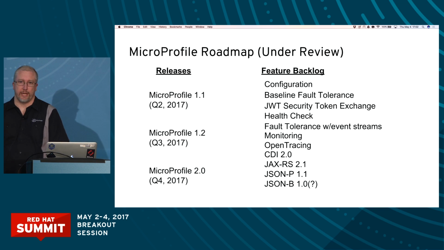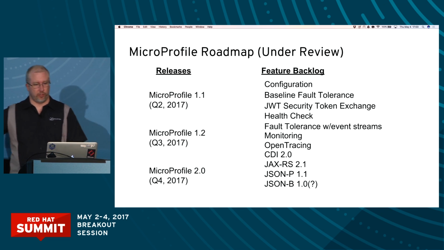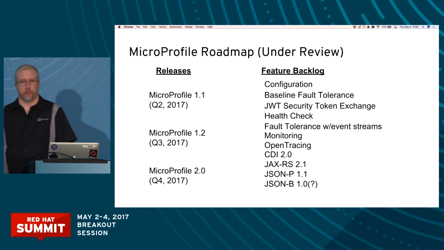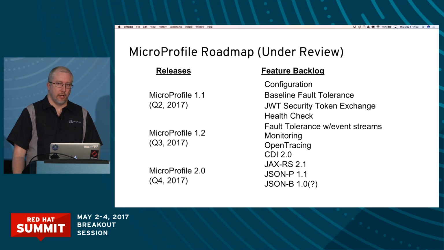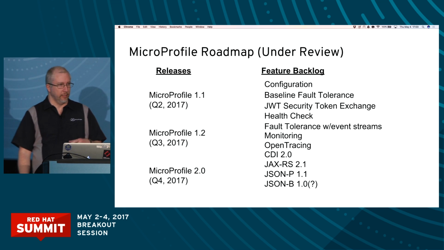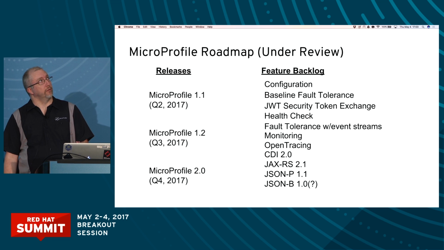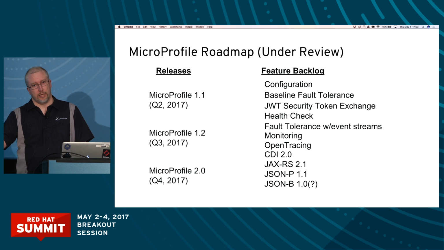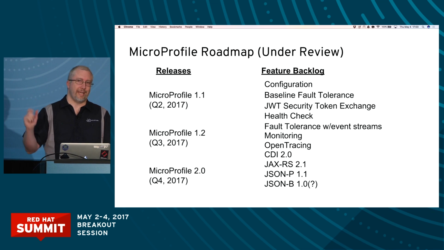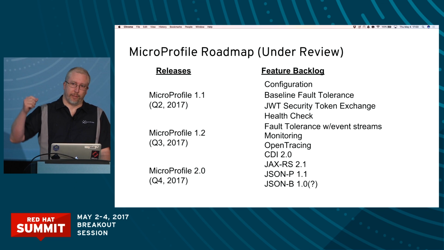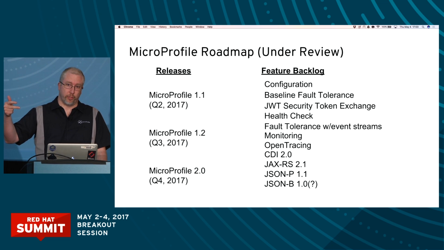Yes, so right now it would be JAX-RS 2.0, and when we switch to EE 8, it would be 2.1. One of the nice things about JAX-RS 2.0 is that it gives you @Suspended, which allows you to do asynchronous programming within your JAX-RS endpoints.